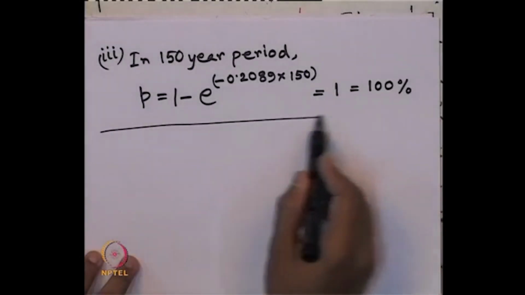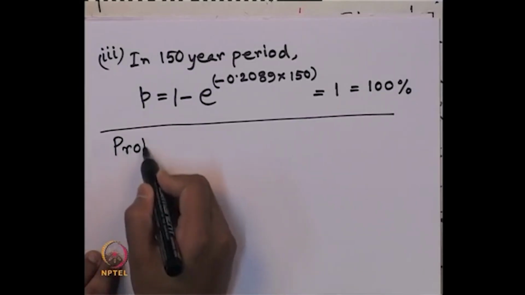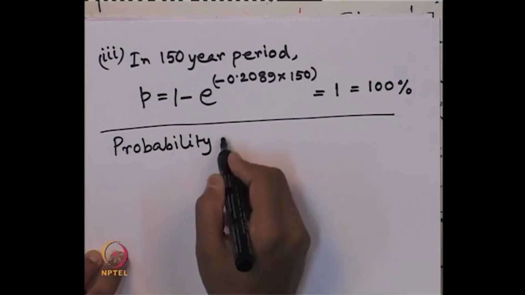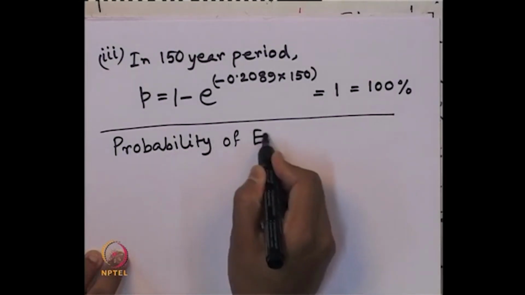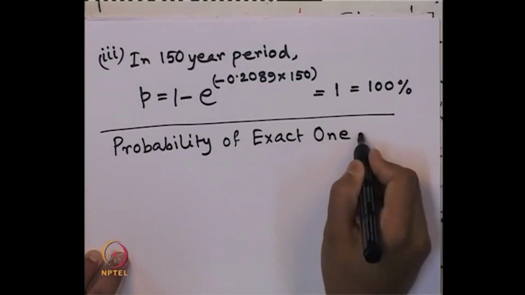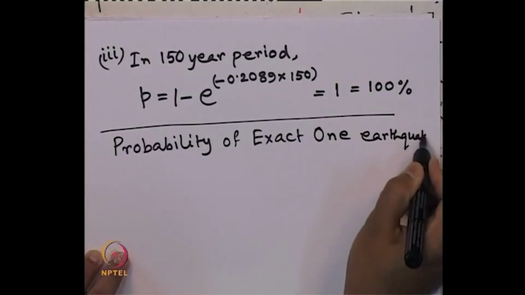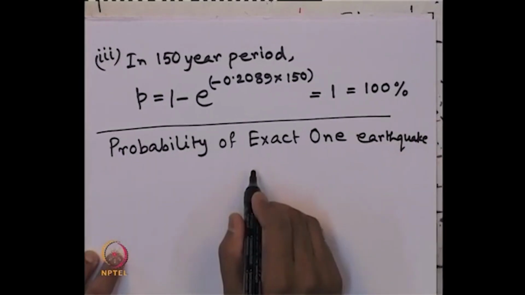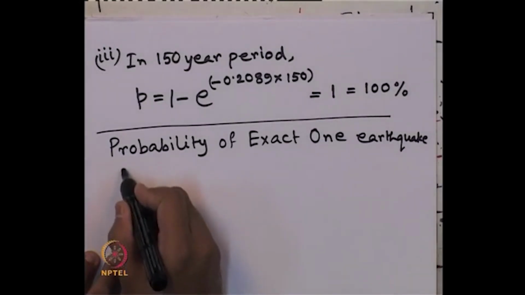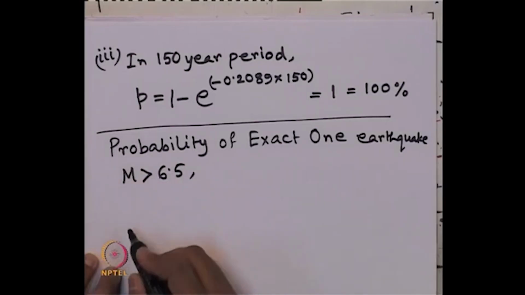Next part is the probability of exactly one earthquake. Earlier one was at least one, and in this case we are saying exactly one: only one earthquake will occur which will have magnitude greater than 6.5 in that region.